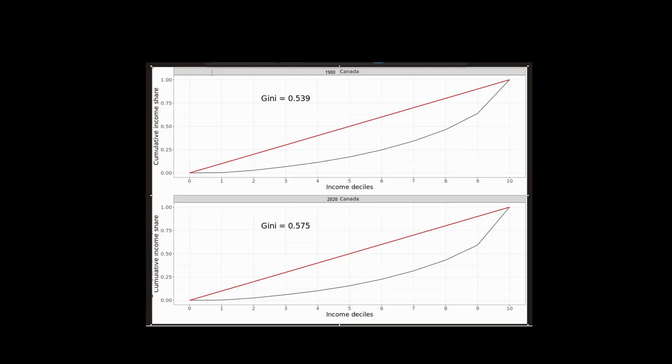So Lorenz curves are one way that we can look at this distribution of income and help us to determine the corresponding levels of equality or inequality and what is happening over time within those countries. Based off of that, if we don't like what we see, we can, of course, begin to change it.